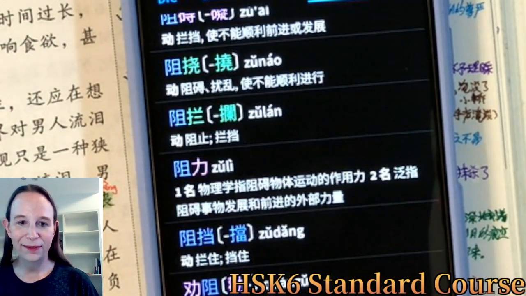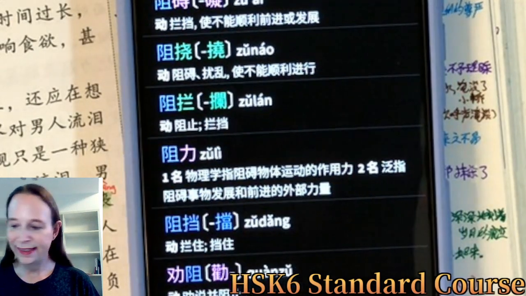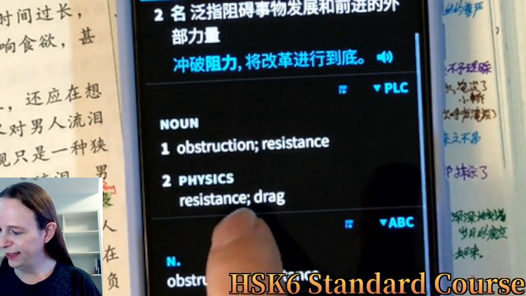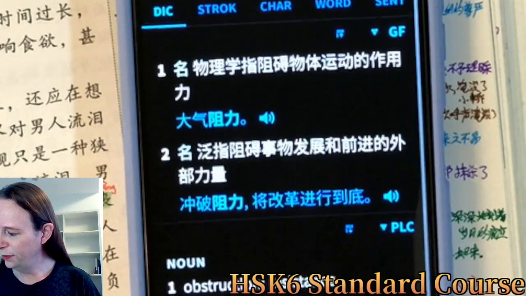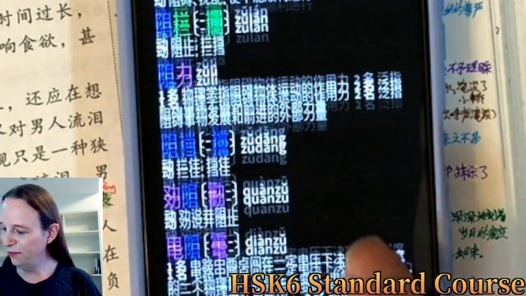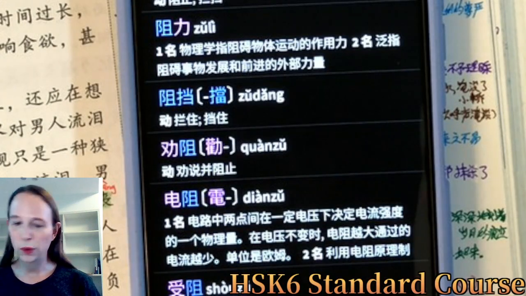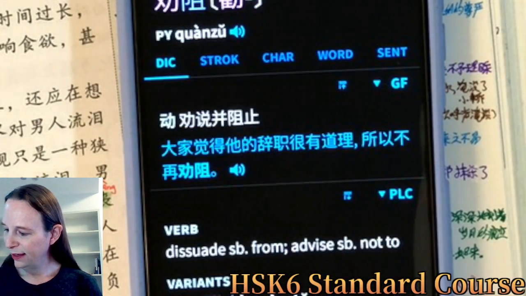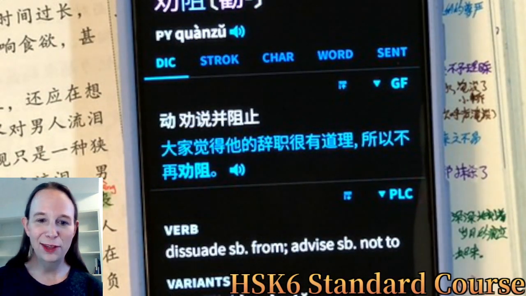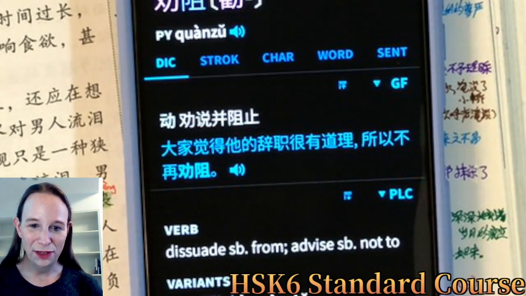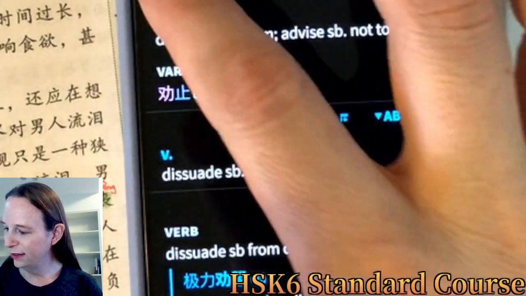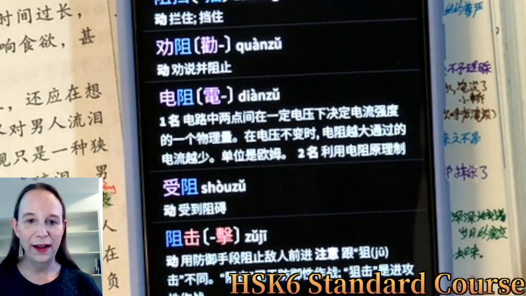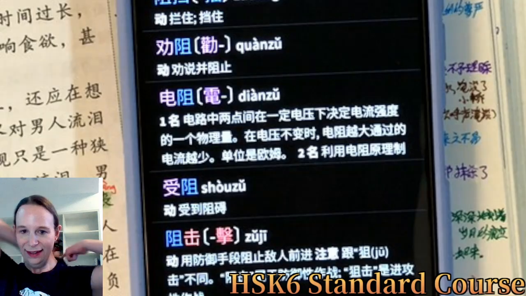阻力, what is that? This is like resistance, is it? Like in the sense of physics? Resistance. Obstruction resistance. Resistive power. 劝阻, okay, so 劝说 dissuade 并阻止 prevent, dissuade and prevent, or maybe dissuade in order to prevent. 电阻, okay, so this is electrical resistance.